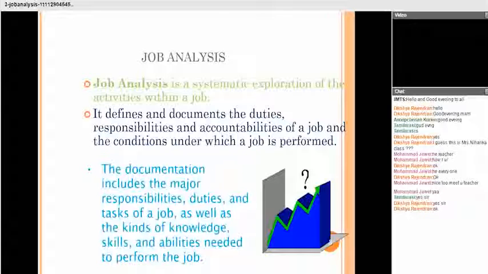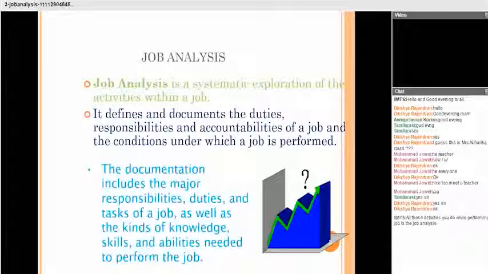That means all those activities you do while performing the job is the job analysis. The documentation includes the major responsibilities, duties and tasks of a job as well as the kinds of knowledge, skills and abilities needed to perform the job.